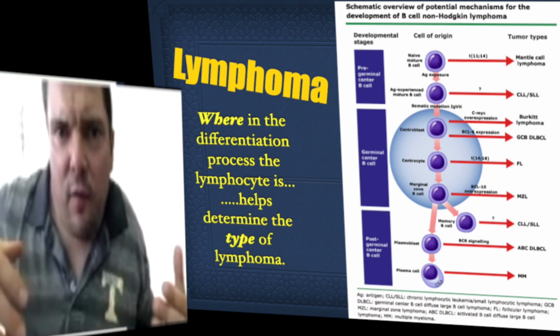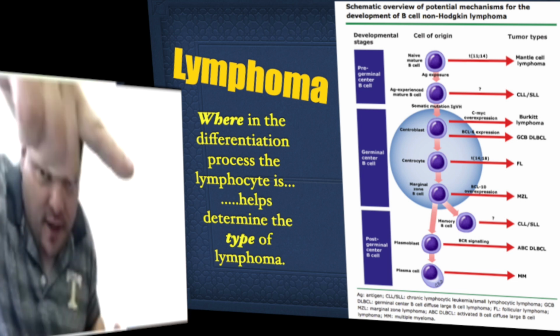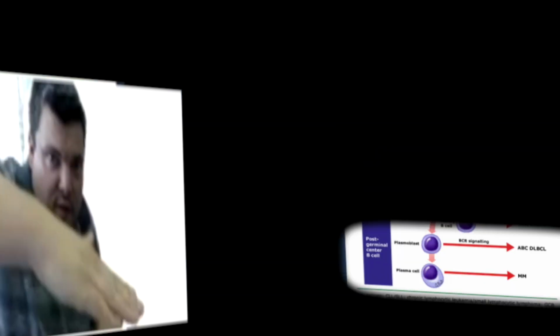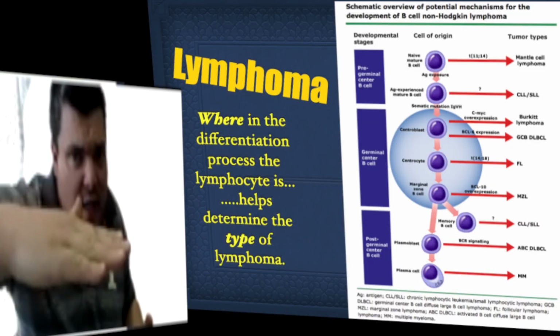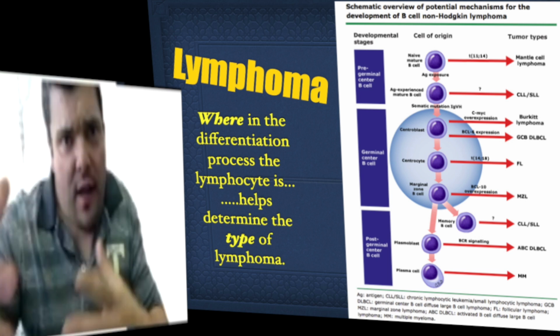So if you are basically starting at the top of this picture, and you're working your way progressively down, at each one of those stages, if cancerous genetic changes erupt, you have a different lymphoma.